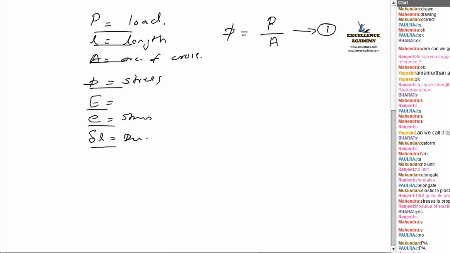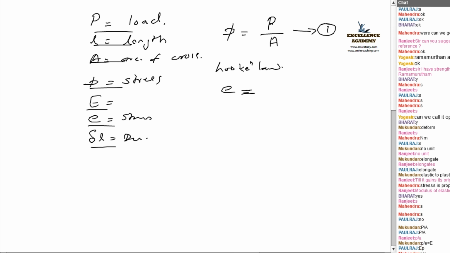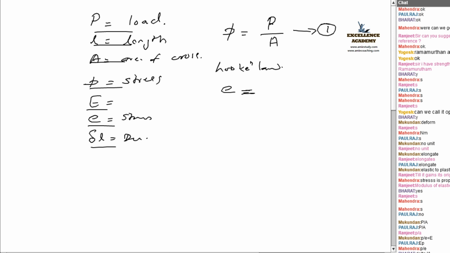And next is according to Hooke's law. According to Hooke's law, what is strain? How can we define the strain? Yes, stress by strain is equal to E. That means strain is equal to stress by modulus of elasticity.